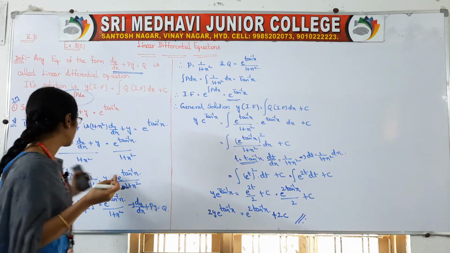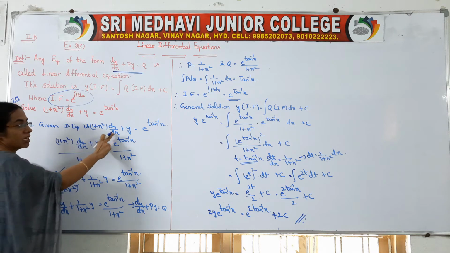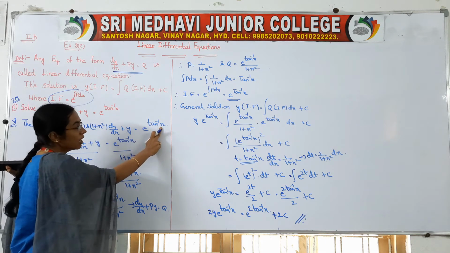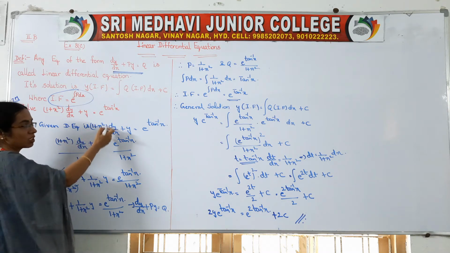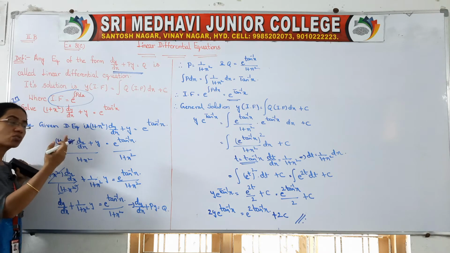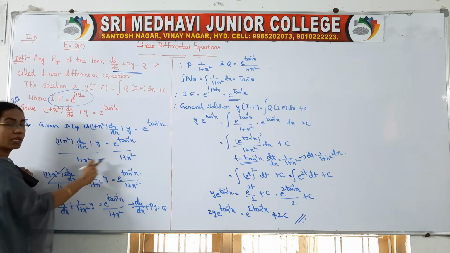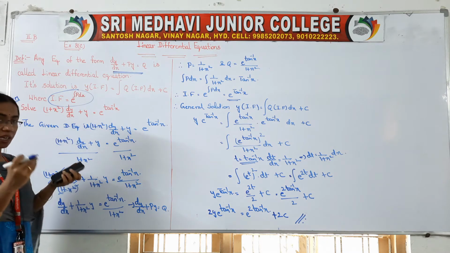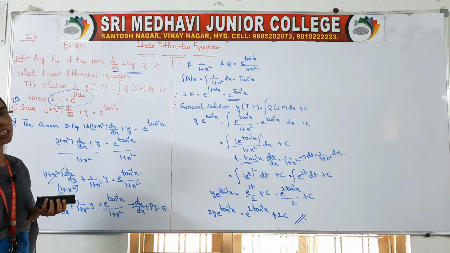See in this problem it is given that (1 plus x square) dy by dx plus y is equal to e to the power of tan inverse x. Our linear differential equation starts with dy by dx, but here we are having 1 plus x square into dy by dx. So that's why we divided, right? That means the given problem is reduced into linear differential equation.